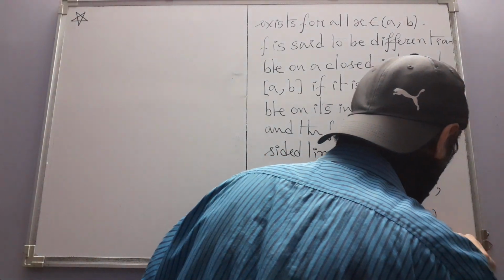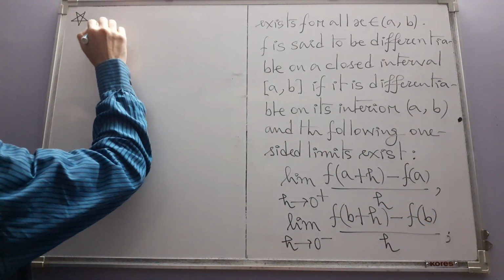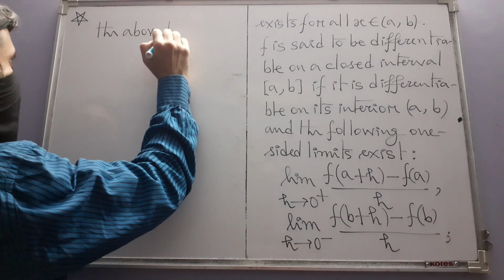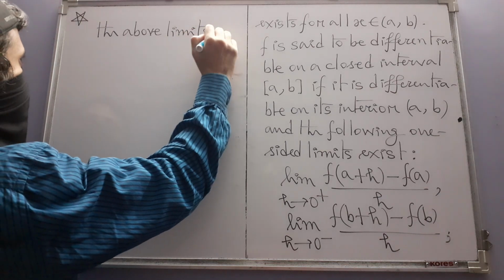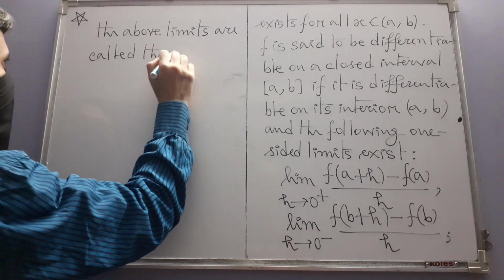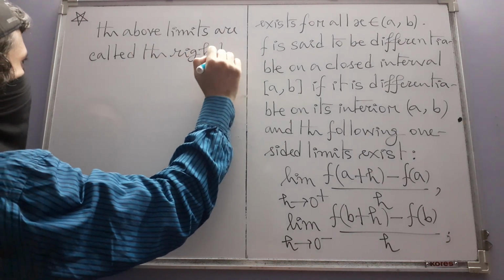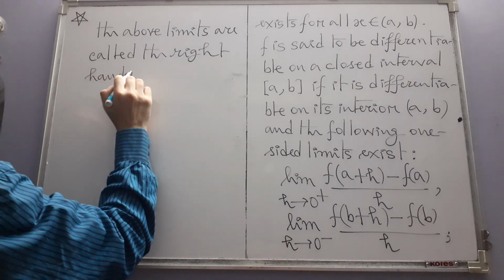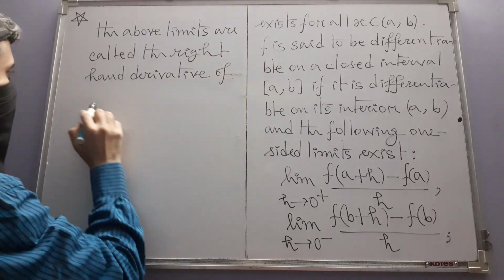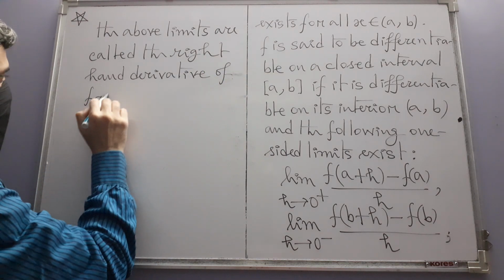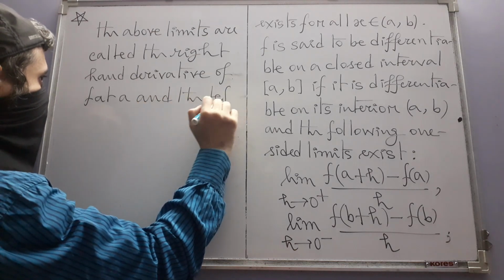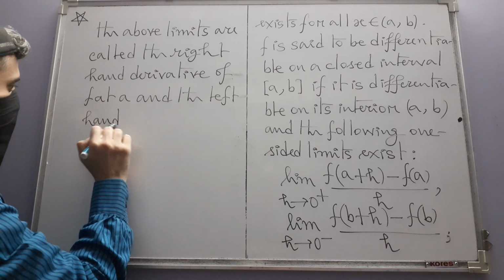In fact, the above limits are called the right hand derivative of f at a and the left hand derivative of f at b.